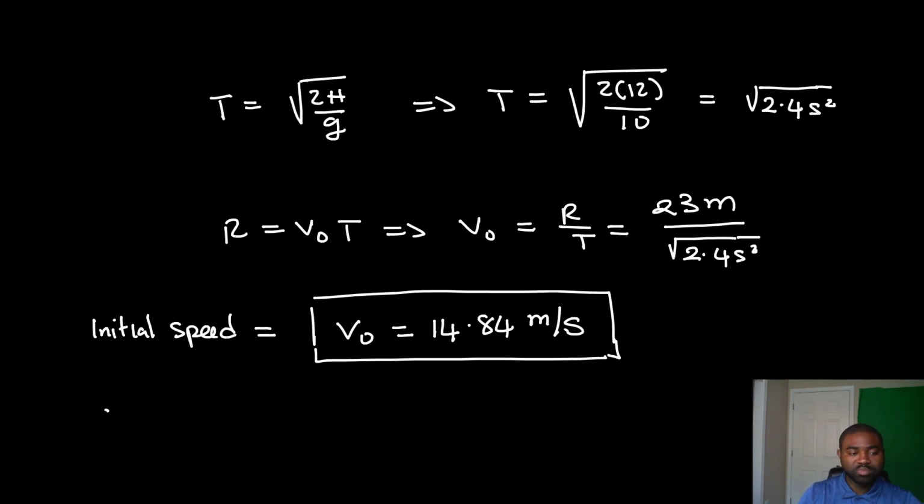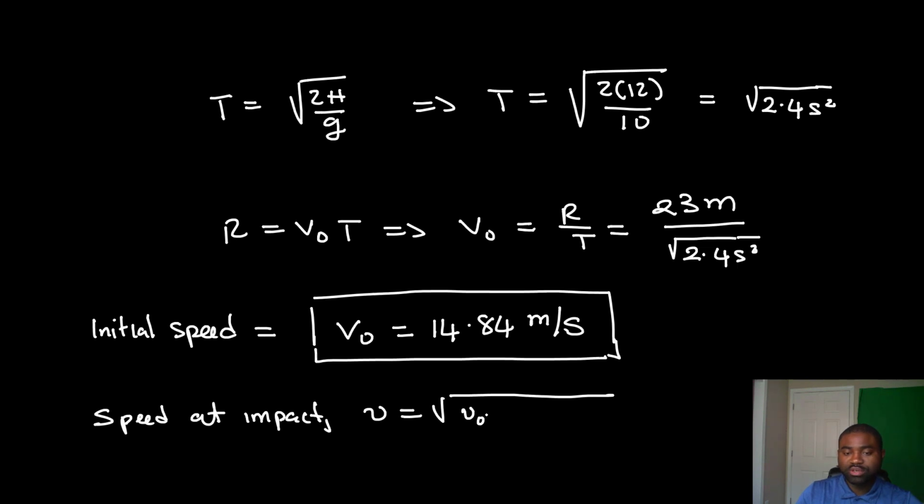To calculate the speed at impact, V is equal to the square root, just like I showed you before, of V naught squared plus Vy squared, where Vy is equal to negative g capital T, and V naught is just going to be equal to V naught. It doesn't change.